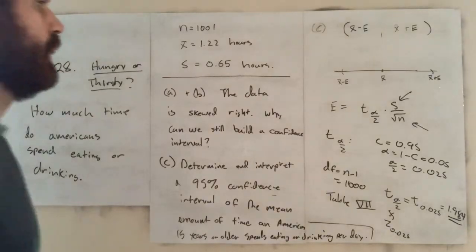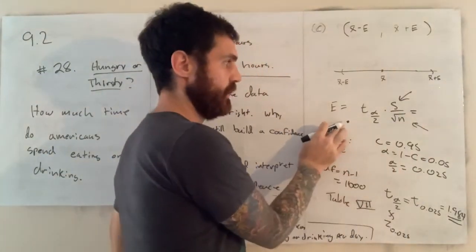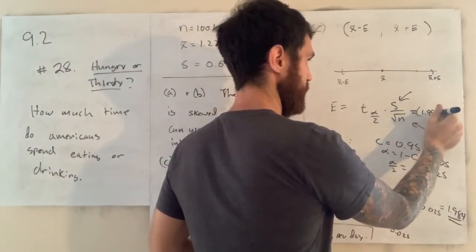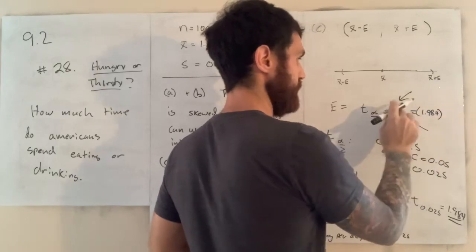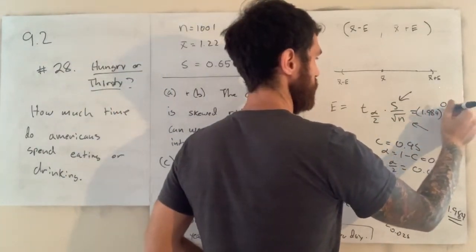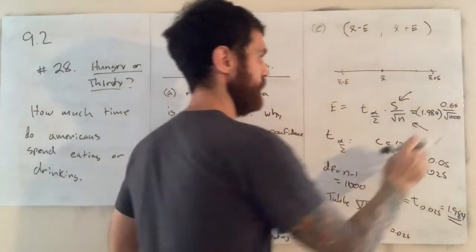Okay? Well, if we plug that into this error, we use 1.984 times our sample standard deviation divided by the square root of 1,001.